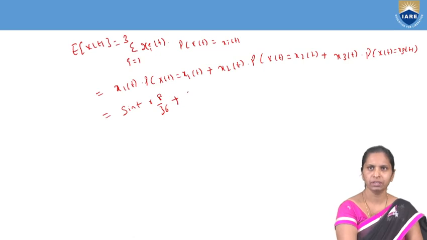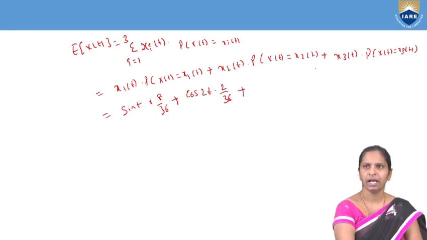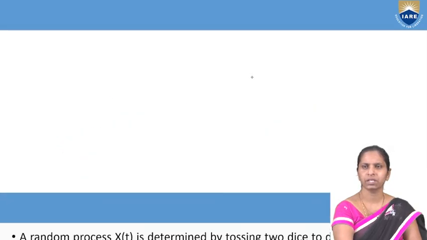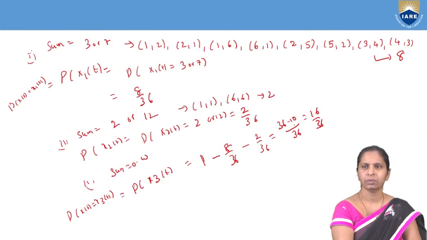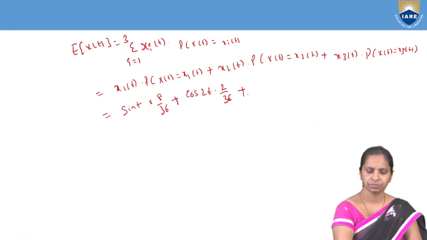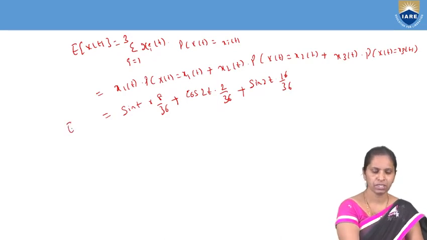So what do you get here? Cos 2t into 2 by 36 plus x3 of t into p of x of t equals x3 of t. So what is x3 of t here? Sin 2t. And the probability that x of t equals x3 of t, I calculated 16 by 36. So sin 2t into 16 by 36. So this is the mean of the random process x of t.